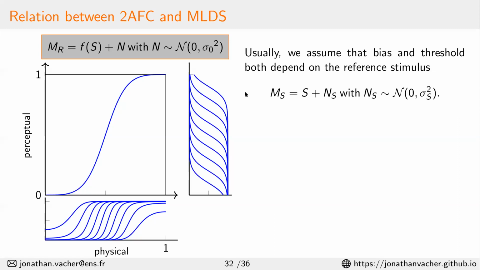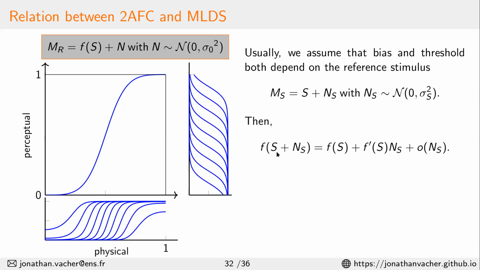What I want to test, and I'm currently working on that, is this relation. If we assume that the bias and threshold both depend on the reference stimulus, it means that there is a sigma S that is not the same across the physical space. So the stimulus is corrupted by stimulus noise.